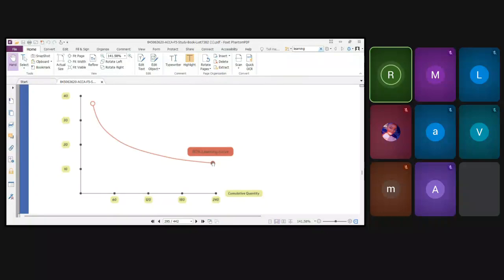I think this is where the learning rate ends. So the cumulative average time is falling up to a certain point when the learning effect ends. When the learning effect ends, the time it takes after that is going to be the same. So what happens to the learning rate? Our learning rate then flattens out. It becomes straight going into the future.